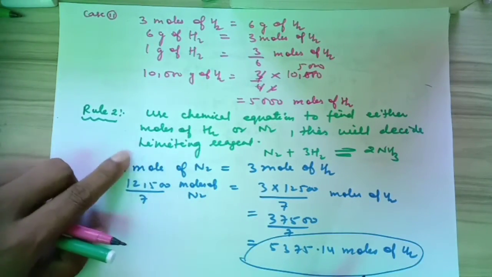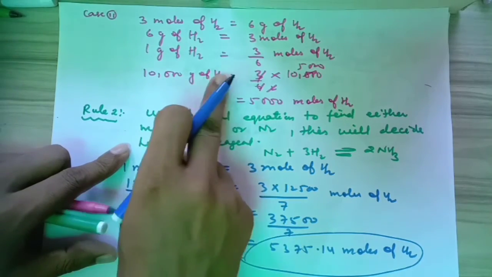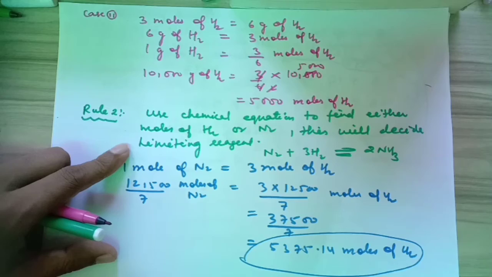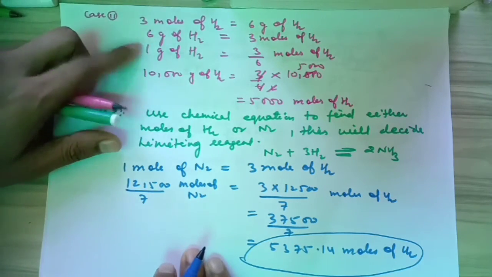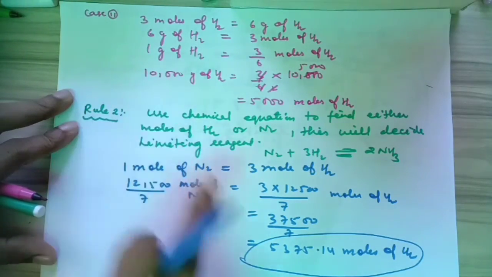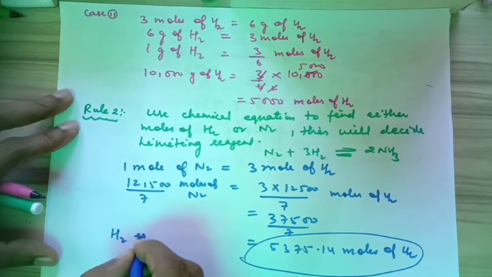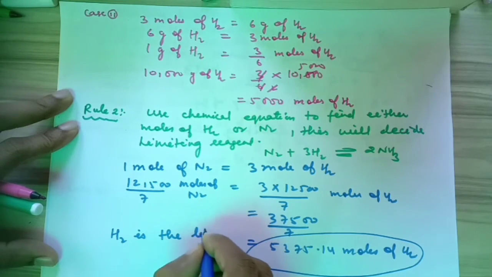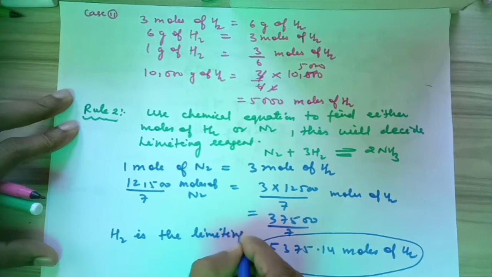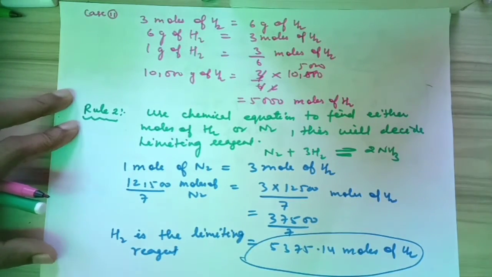So if the amount from the given equation is more than the calculated part in case 1 or rule number 1, we say that the given part is the limiting reagent. So comparing the amount of hydrogen in both cases, we see that H2 is the limiting reagent.